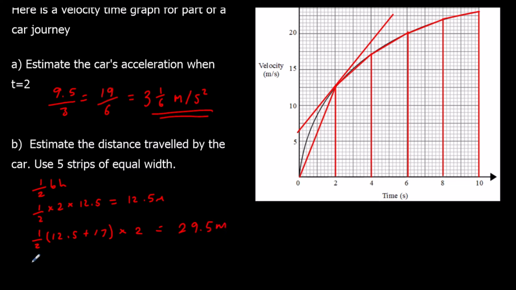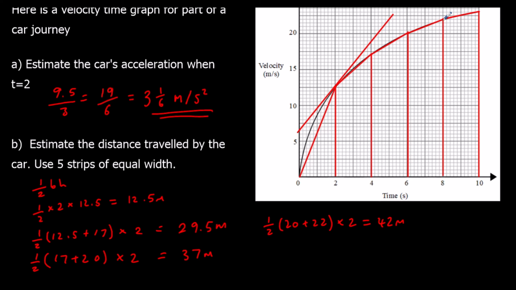Then the next one, so half of 17 plus 20, half the sum of the parallel sides times the distance between them. Again, the half and the 2 are going to cancel out, so 17 and 20 make 37. I've got 20 and 22, so that's going to be 42 meters.